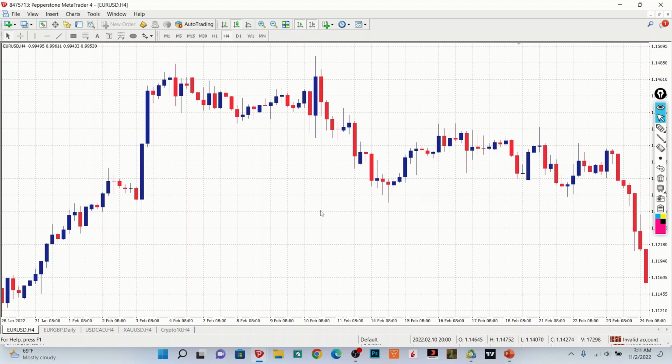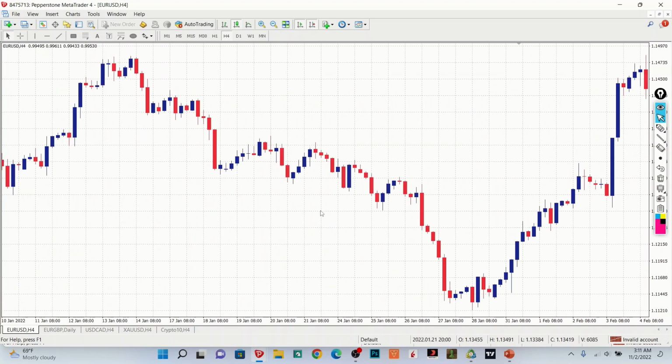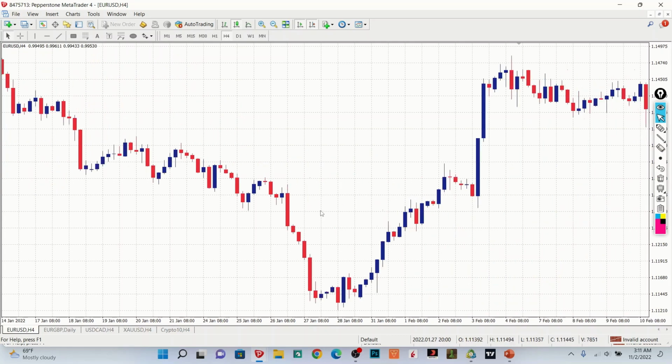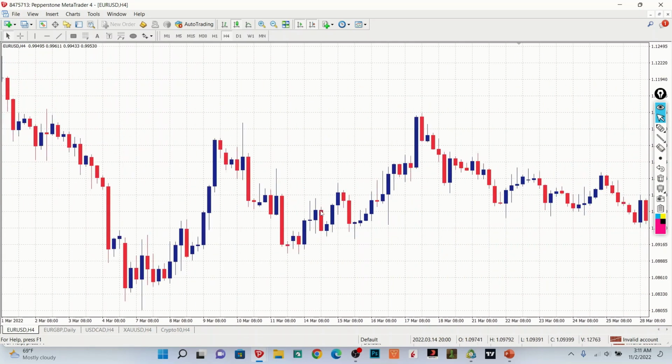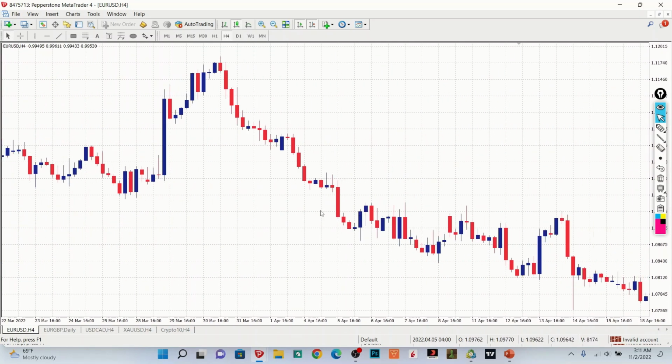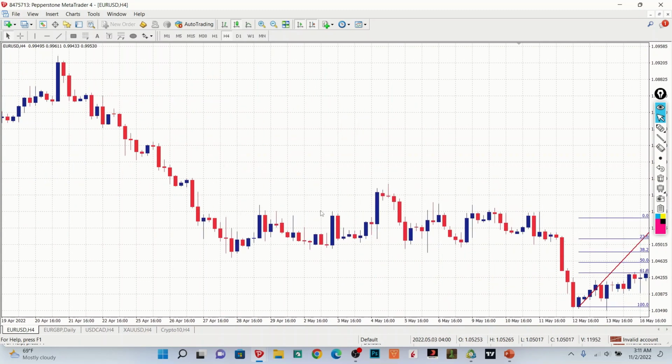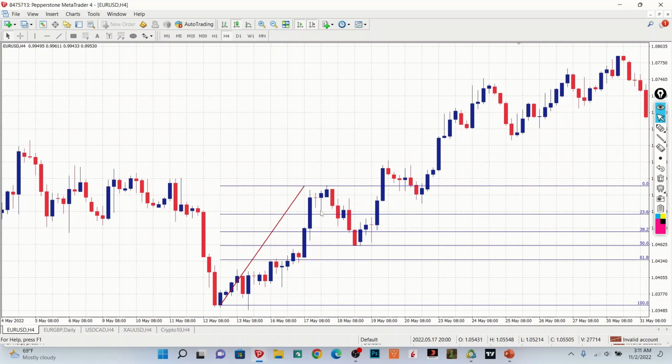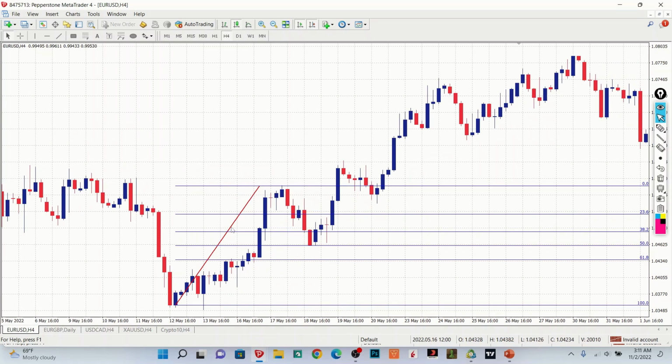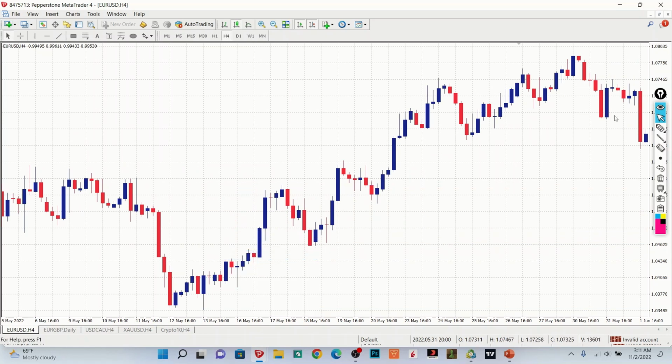So in Fibonacci extensions, what happens is that we pick the extensions of the market. This time around, we do not look for retracements, but we look for where the market is going. For example, here we can see the market is creating higher high, higher low, higher high, higher low.